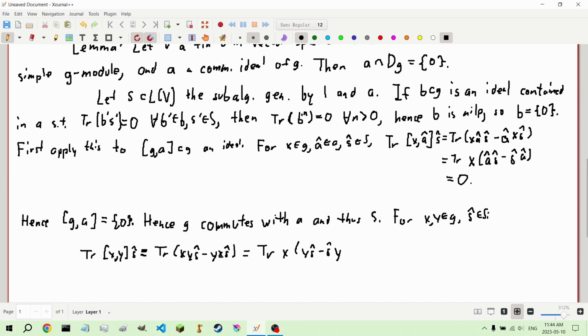I think what's happening here is we're just rotating the second term and then factoring everything out. And this is of course just 0.